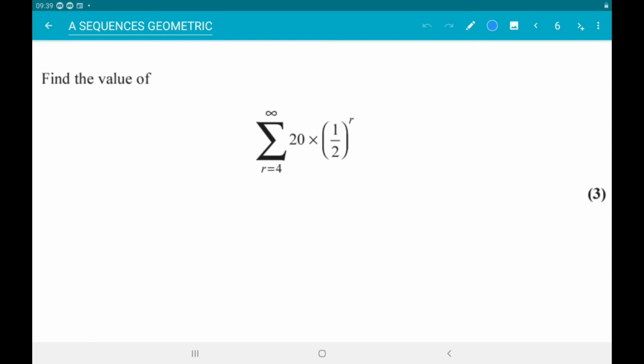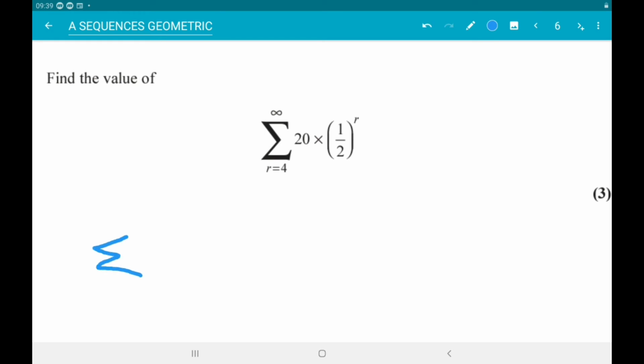So I'm going to think here of r as n, because we need r because we have a geometric sequence. So I'm going to think of this as the sum from n is 4 to infinity of 20 times 1/2 to the power n.